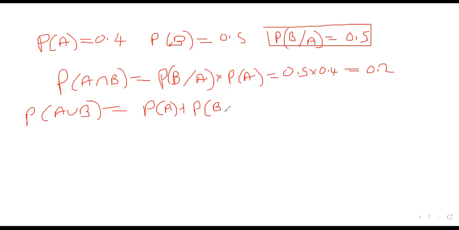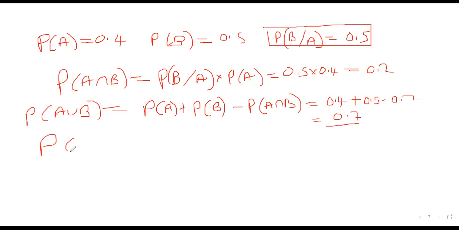Probability of B minus what? The intersection of A and B. So what was our A? 0.4. What was our B? 0.5. And what was our intersection? 0.2. So our final answer will be 0.7.